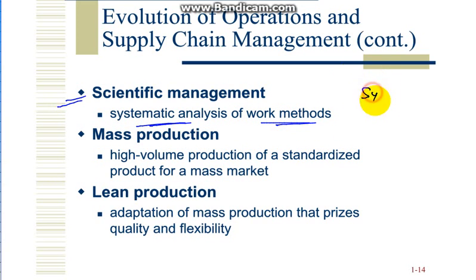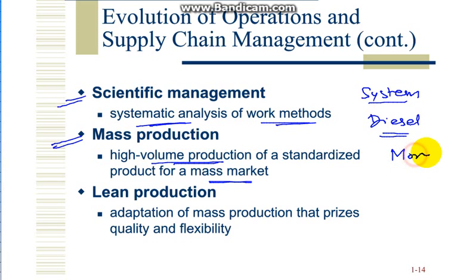People started working systematically. Now science came into existence. Diesel machines were formed, and machinery came into existence. When machinery came into existence, mass production, or high volume production, started. Mass market began, and people started demanding more and more, and mass production came into existence.